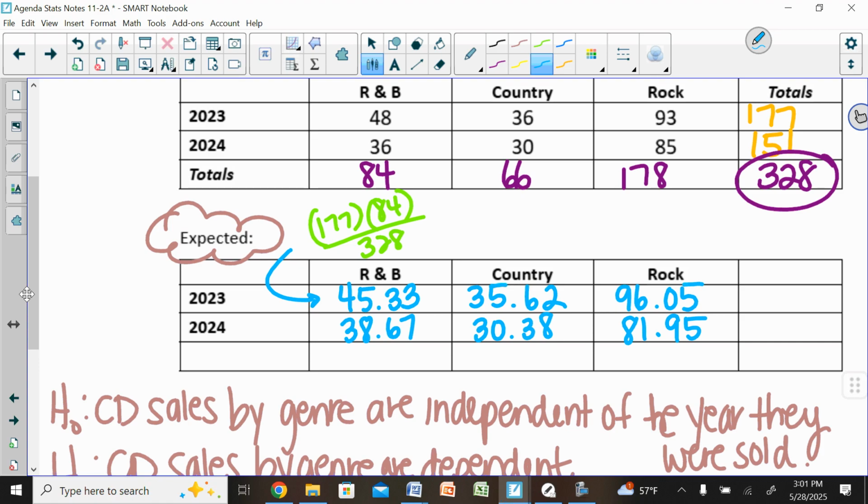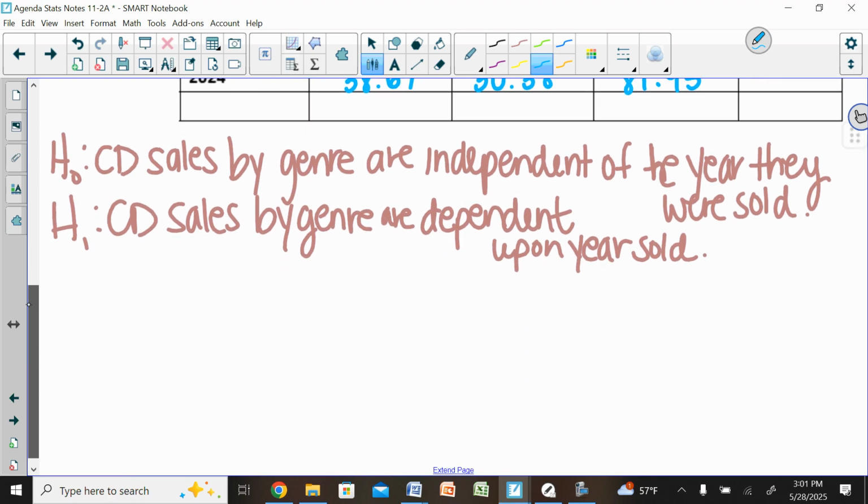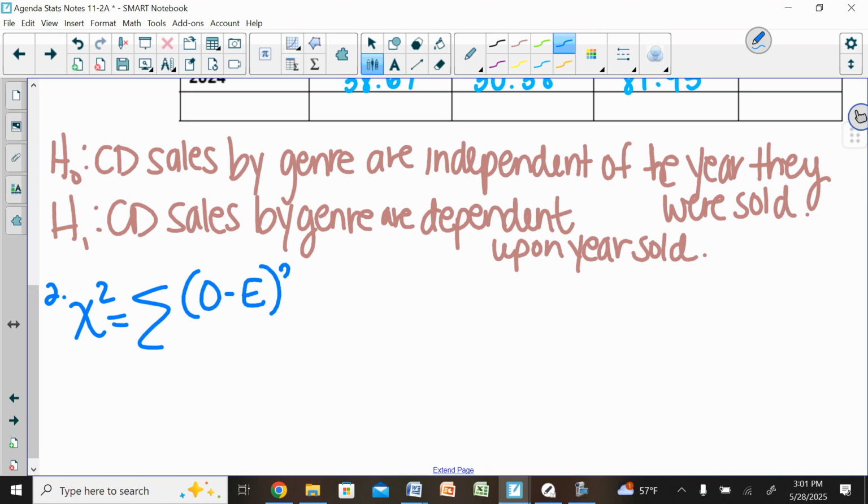All right, so now that we've done all that, we're going to go ahead and do our chi-square test statistic. Chi-square test statistic depends on that expected value. So for step 2, chi-square is equal to, so remember, it's our sum of our O minus E squared over E. So we can go through this whole thing.